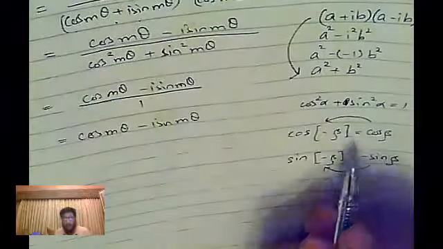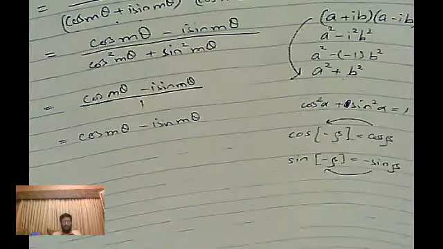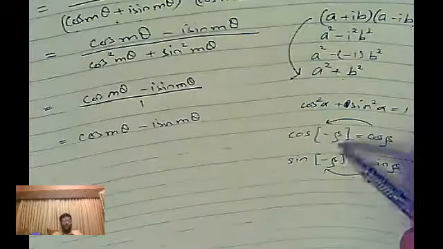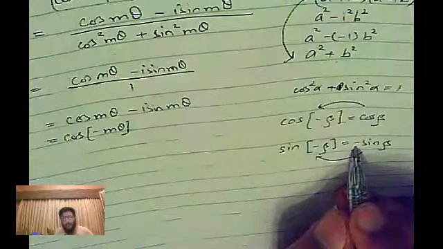Now we're going to go the other way around. If the cos of an angle is positive, the cos of the negative of the same angle is also positive and results in the same thing. And if the sine of an angle is negative, the sine of the negative of that angle is positive, right?